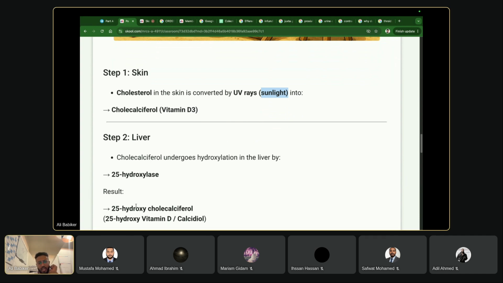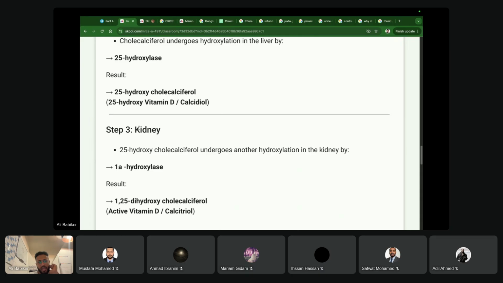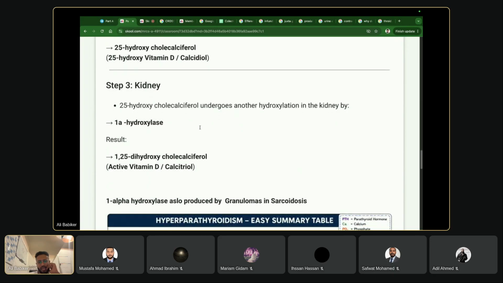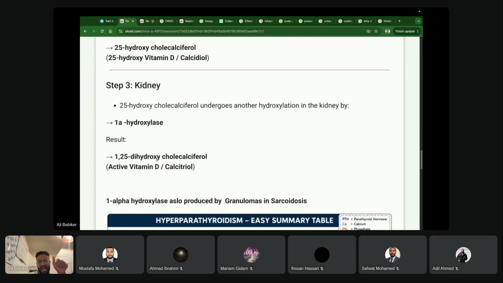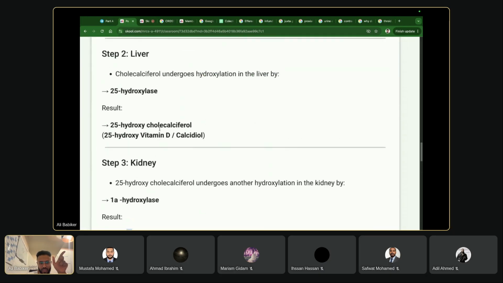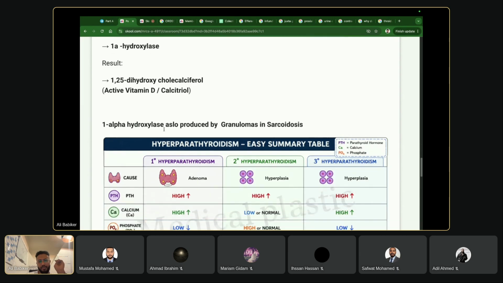This results in 25 hydroxycholecalciferol. Then this goes to the kidney, where it undergoes another hydroxylation by 1 alpha hydroxylase. This results in 1,25 dihydroxy, because you have the first hydroxy and now a second hydroxy. Dihydroxy cholecalciferol is active vitamin D.